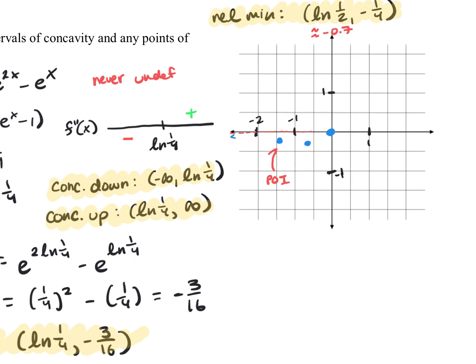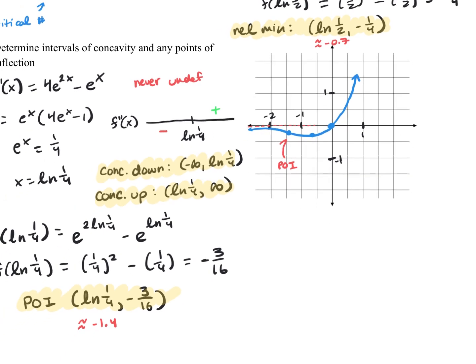So our graph kind of does something like this, and then we change to concave up, and then we just kind of keep increasing without bound. So like this, something like that. And there you go. So it is a little bit tricky to kind of see. This is concave down, and then it changes here to concave up. And here is our relative min.